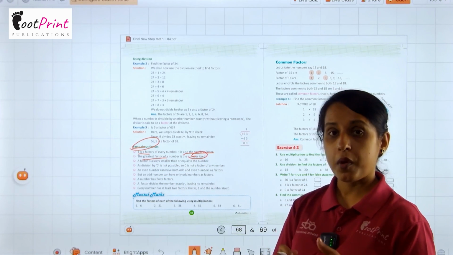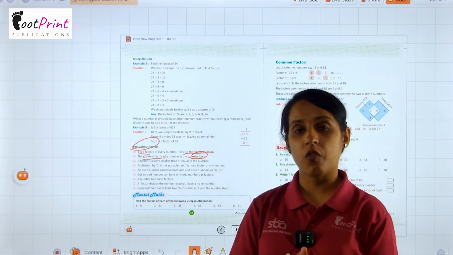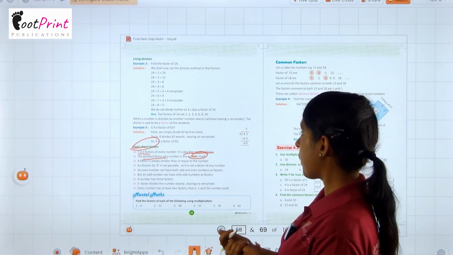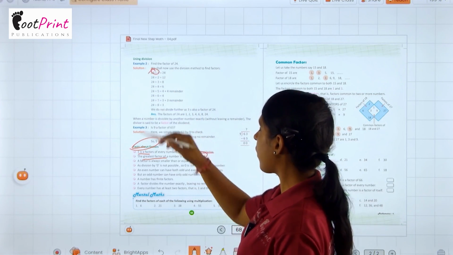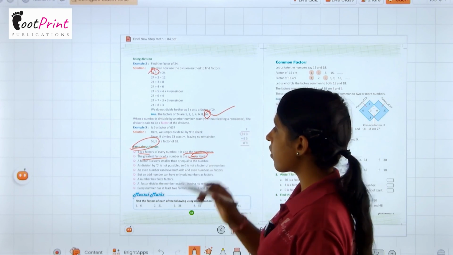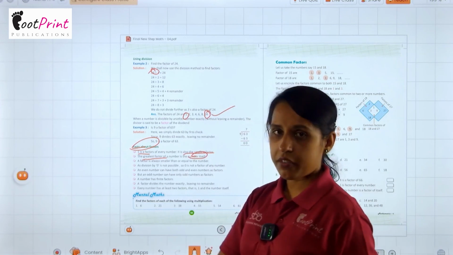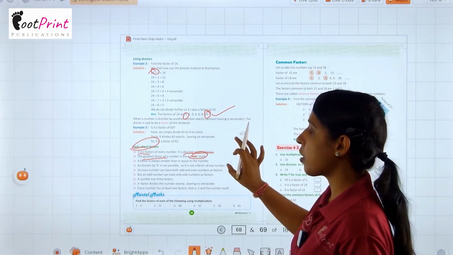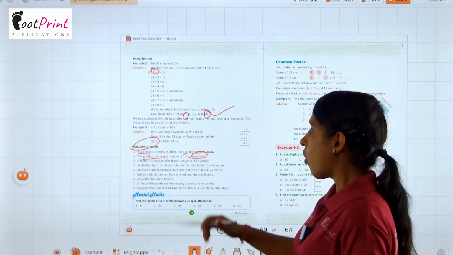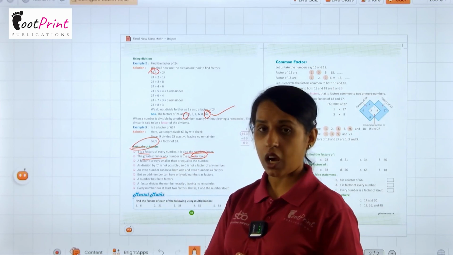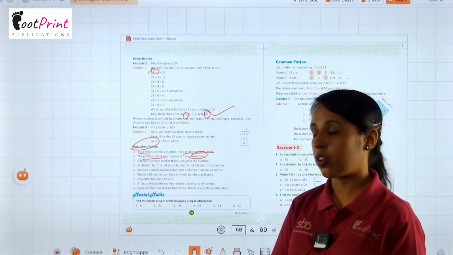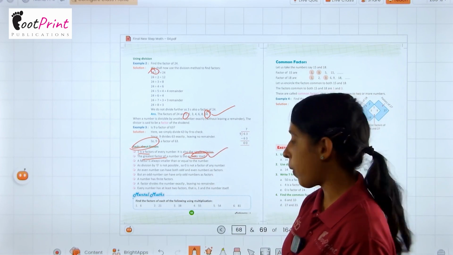तो जो सबसे बड़ा फैक्टर होगा नंबर का वो क्या होगा, खुद नंबर होगा. ठीक है, जैसे यहाँ हमने 24 के फैक्टर निकाले थे और 24 सबसे बड़ा फैक्टर होगा और 1 24 का फैक्टर है. तो 1 हर किसी नंबर का फैक्टर होता है और हर एक नंबर का जो ग्रेटेस्ट फैक्टर होगा वो नंबर खुद होगा.